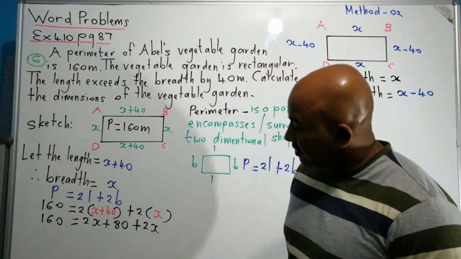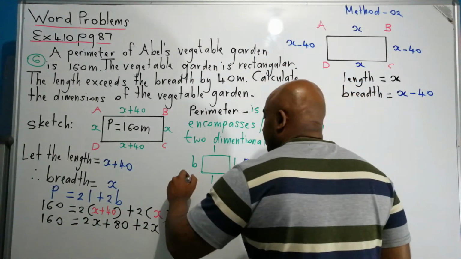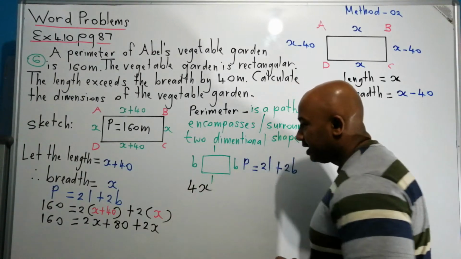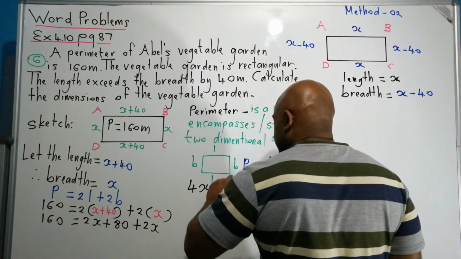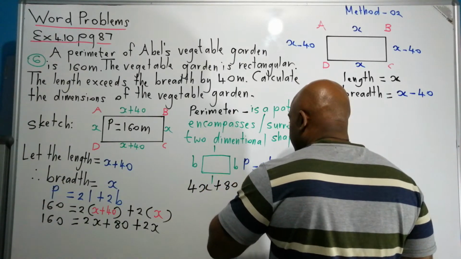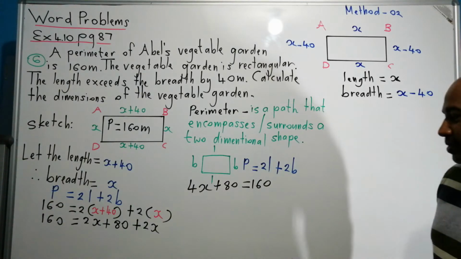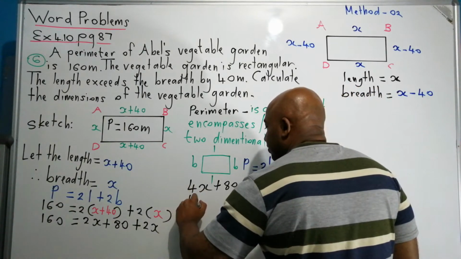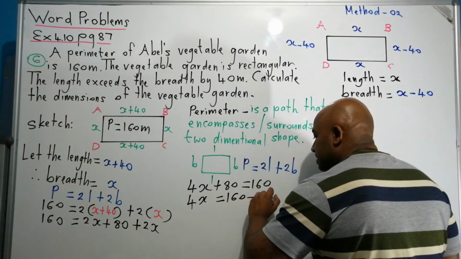Alright, so now we got a linear equation. So I got 2x plus 2x, that will equal to 4x plus 80 is equal to 160. So 4x is equal to 160 minus 80.